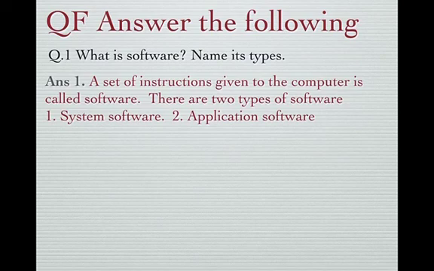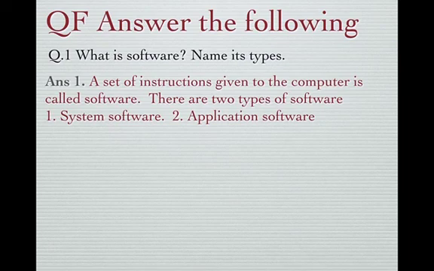A set of instruction given to the computer is called software, right? One system software and another is application software. System software example is operating system, and application, there are variety of application softwares like paint program, then games, etc.